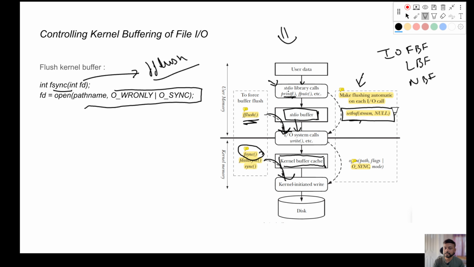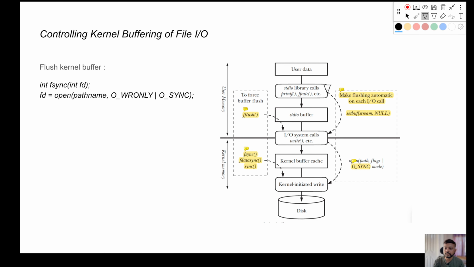We can disable the buffering altogether using the setbuf call. This is one way of disabling the buffering, or we could use the _IONBF mode as well to disable the standard IO buffering. In such a scenario, the data doesn't go into the standard IO buffer and directly moves into the kernel buffer. We can also disable the kernel buffering by using an O_SYNC flag when opening the file descriptor.